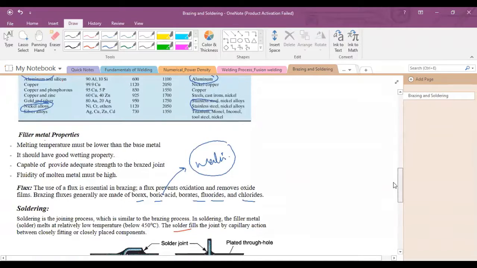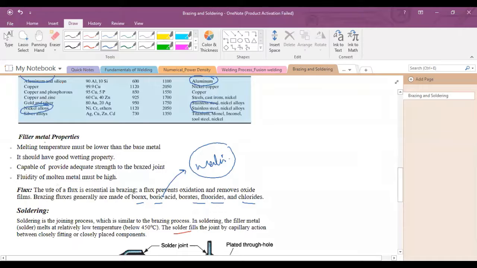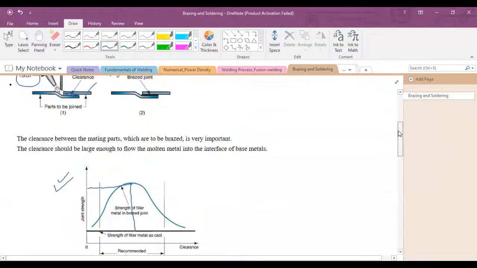That is the wetting, and flux is used to improve the wetting property of filler material. It should be capable of providing sufficient strength to the brazed joint. Lastly, it should have a low viscosity, because the fluidity of the molten metal must be high to form a proper joint.